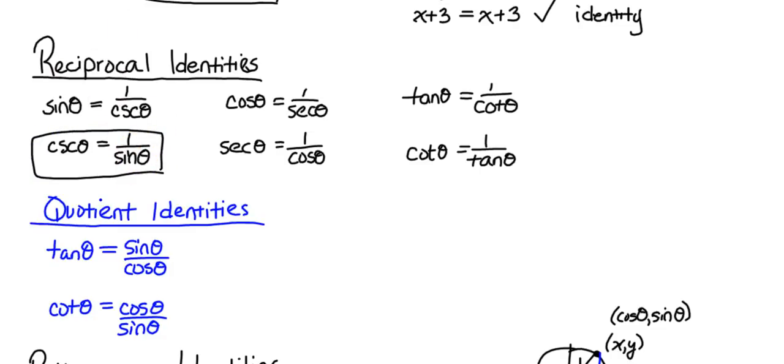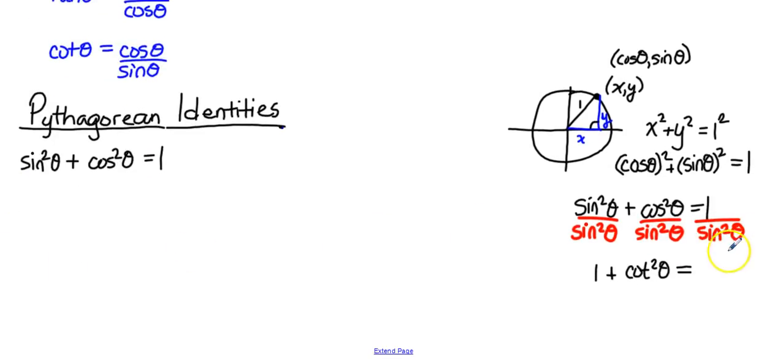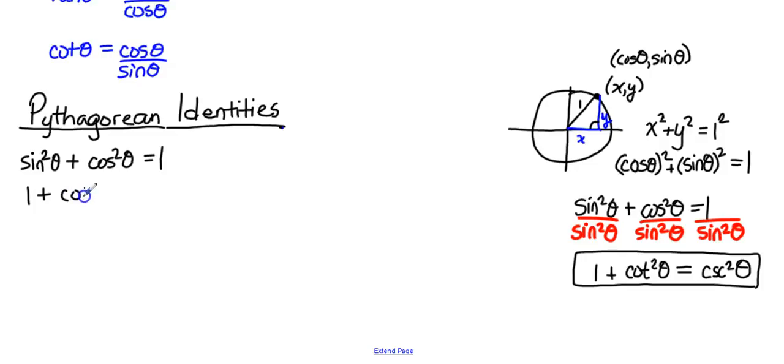If 1 divided by sine of theta is cosecant, 1 divided by sine squared will be cosecant squared. So there's our second identity, and that came from taking that first identity and dividing by sine squared. So let's write it over here: 1 plus cotangent squared of theta equals cosecant squared.